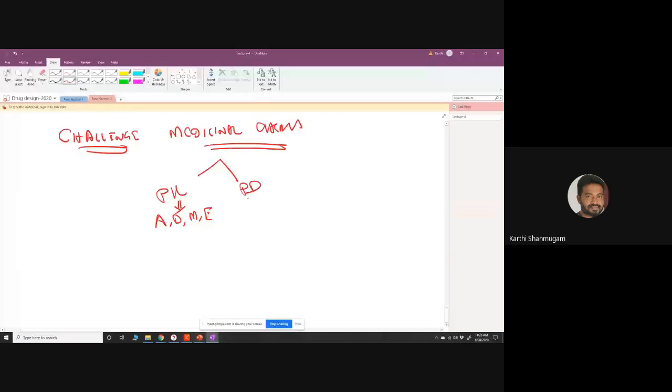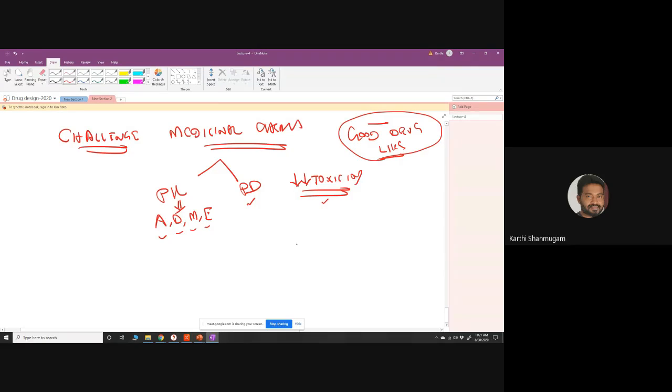Also, the molecule should have good pharmacodynamic properties, and the molecule should have very little toxicity. This is what we basically expect from a very good drug-like molecule. Once you have a molecule which has good absorption, distribution, metabolism, excretion, with very little toxicity and good pharmacodynamic properties, we can say that's an excellent drug-like molecule.